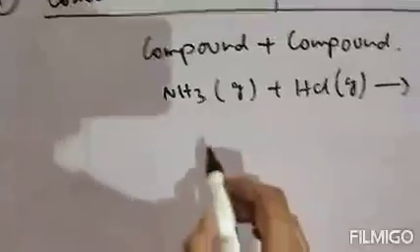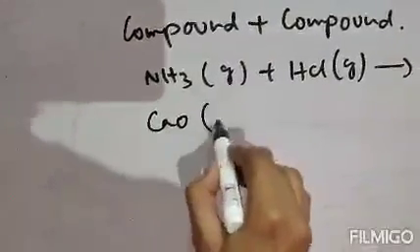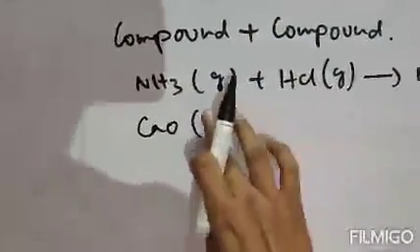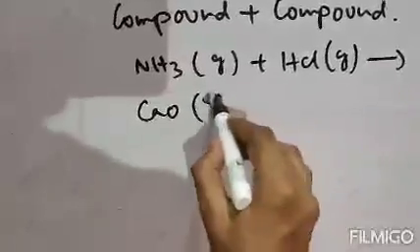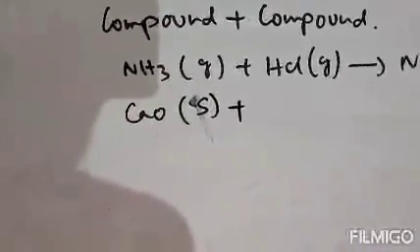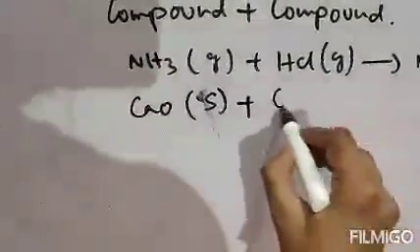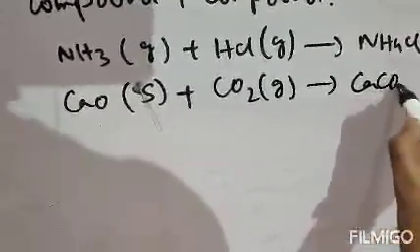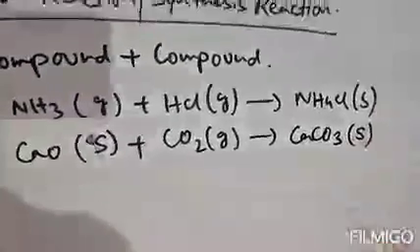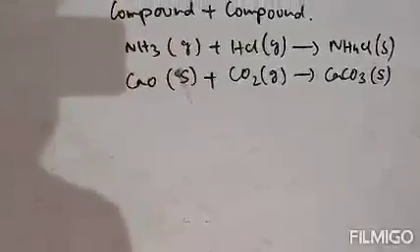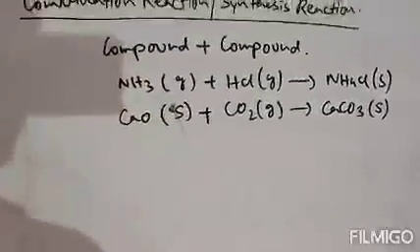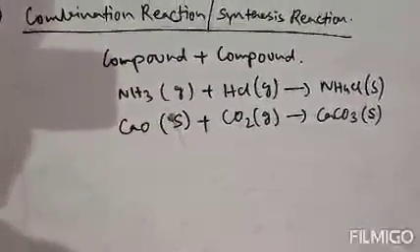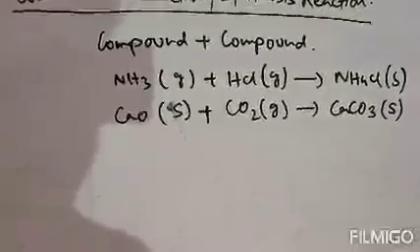Let's take another example. Suppose calcium oxide, it is a solid, combines with carbon dioxide, this is a gas, and forms CaCO3, that is calcium carbonate, a solid. So calcium oxide is a solid and carbon dioxide a gas; these two compounds combine together to form calcium carbonate.